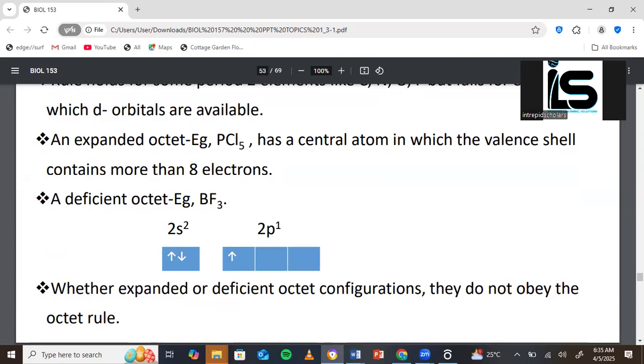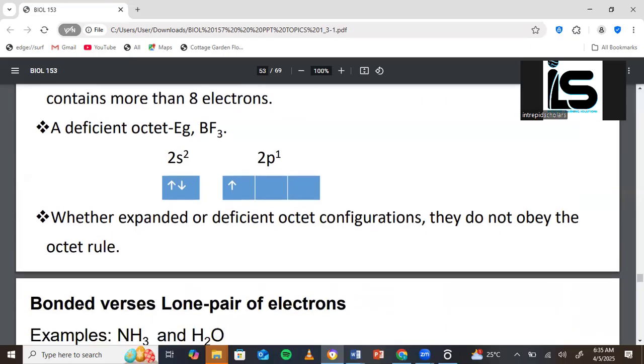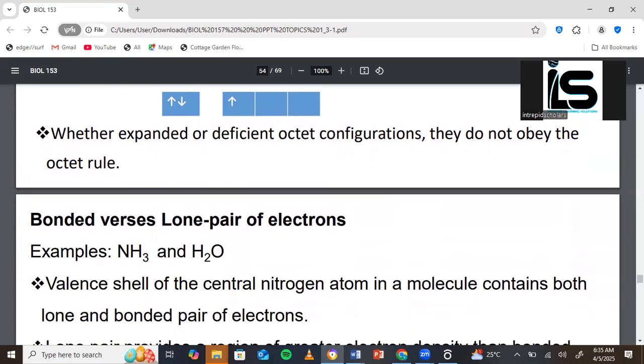Then we can also have a deficient octet, like BF3, boron trifluoride. In boron trifluoride, the outermost electrons are 6 instead of 8, right? So that's a scenario of a deficient octet. Now, bond versus lone pair repulsion.